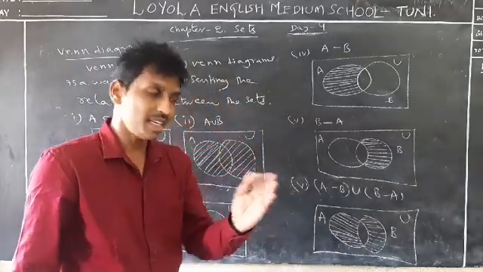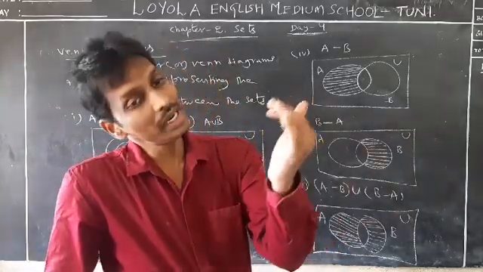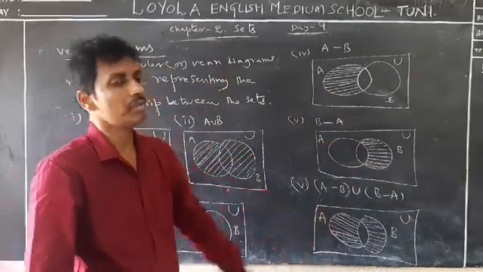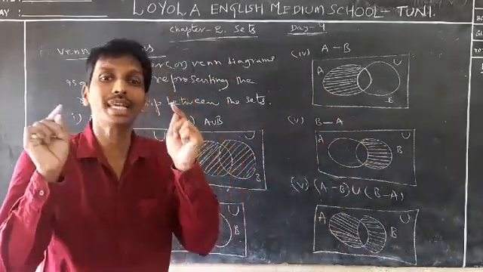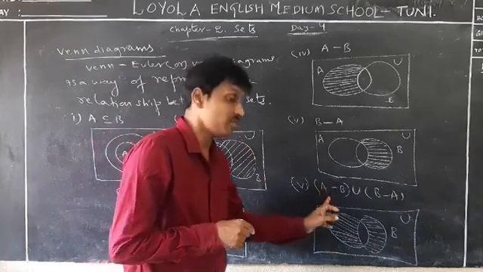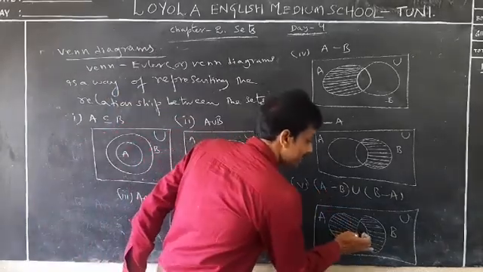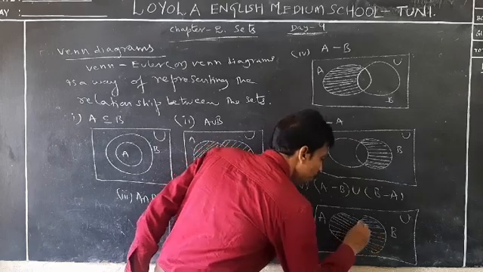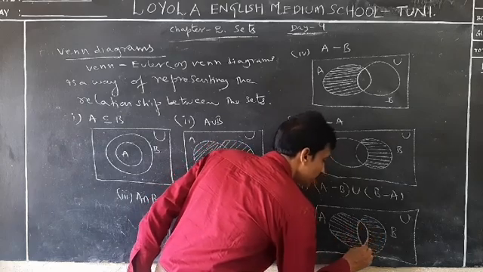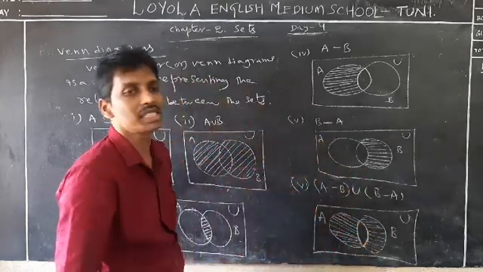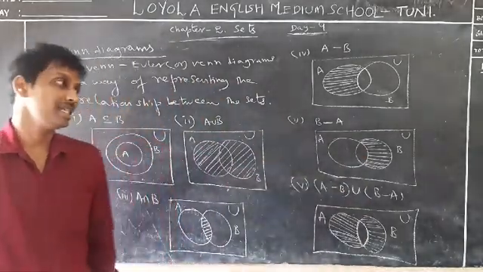For B minus A, you may draw vertical lines. But take care while drawing the picture for A minus B union B minus A. The lines should not go inside this common part. You leave the common part like that. This diagram represents A minus B union B minus A.